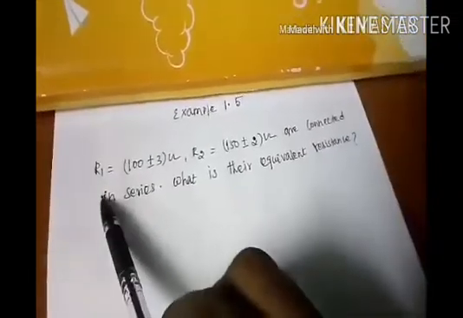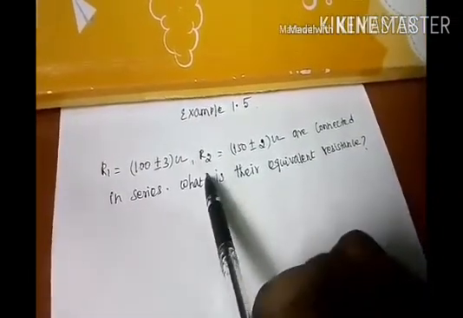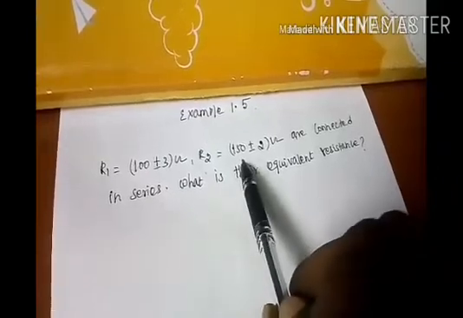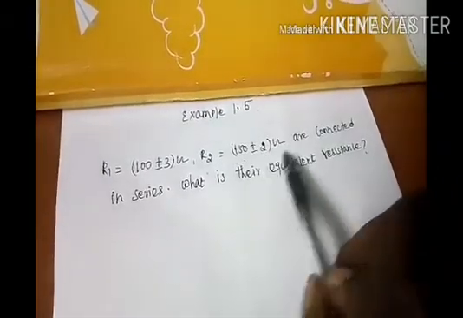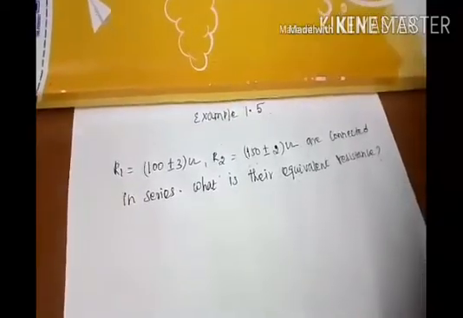Next, example 1.5. In our problem R1 equal to 100 plus or minus 3 ohm, R2 equal to 150 plus or minus 2 ohm are connected in series. What is their equivalent resistance?